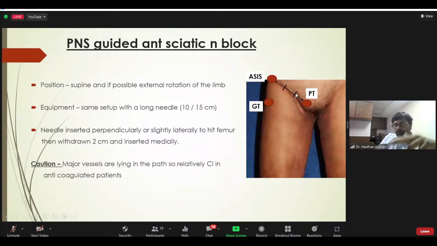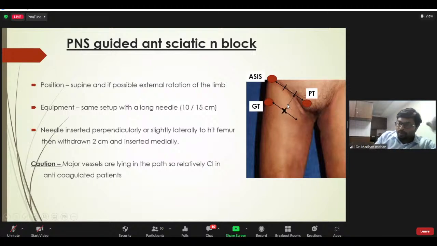Another one has divided it into 3 parts, and at the junction of the medial 1/3 and lateral 2/3, he has put a line perpendicular, which will be parallel to the GT. So you draw a line between PT and ASIS, and another parallel line to the initial line from GT, and you divide the initial line into 3 parts, and at the junction of medial 1/3 and lateral 2/3, you draw a perpendicular joining the second line. So this will be your needle entry point.